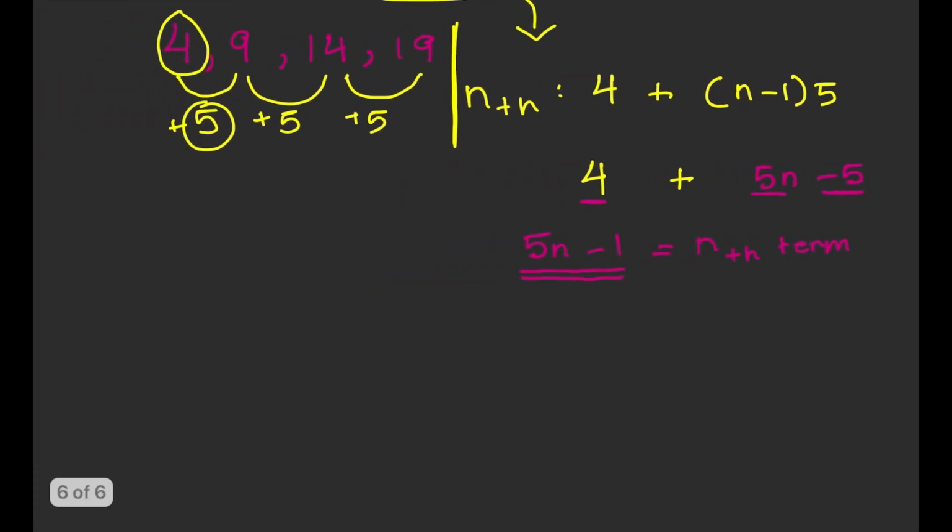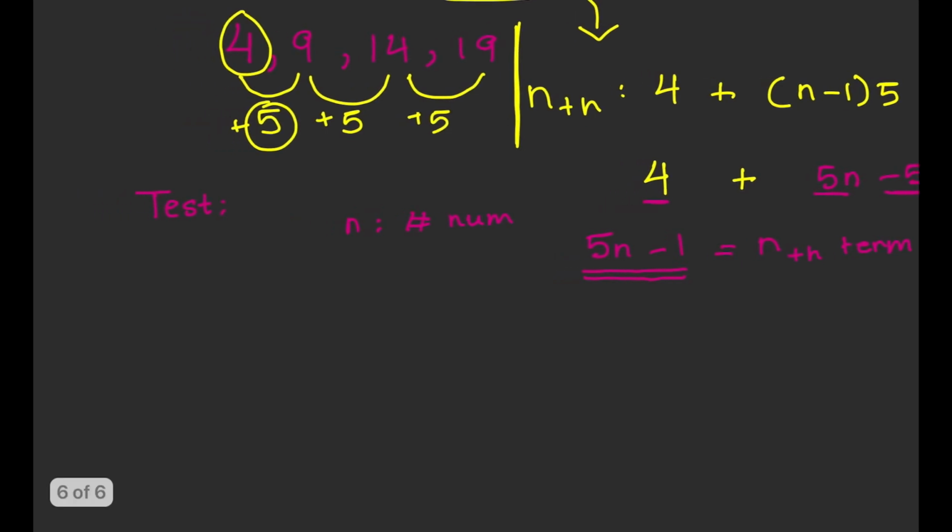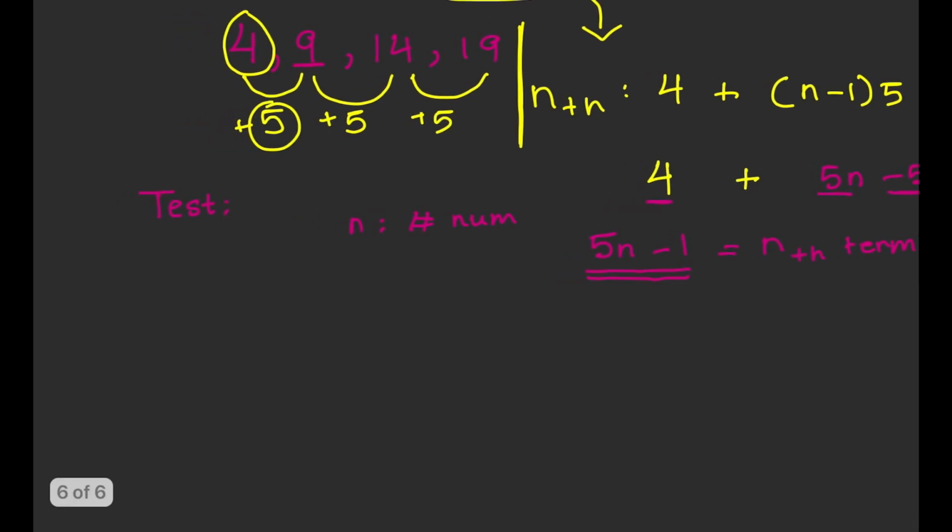Now let's test it out, because we can't approve it without testing. As I said, n is the pattern number. Let's use the second term, and we're supposed to get 9. So that's 5n, where n is going to be 2, and minus 1 as per the formula.